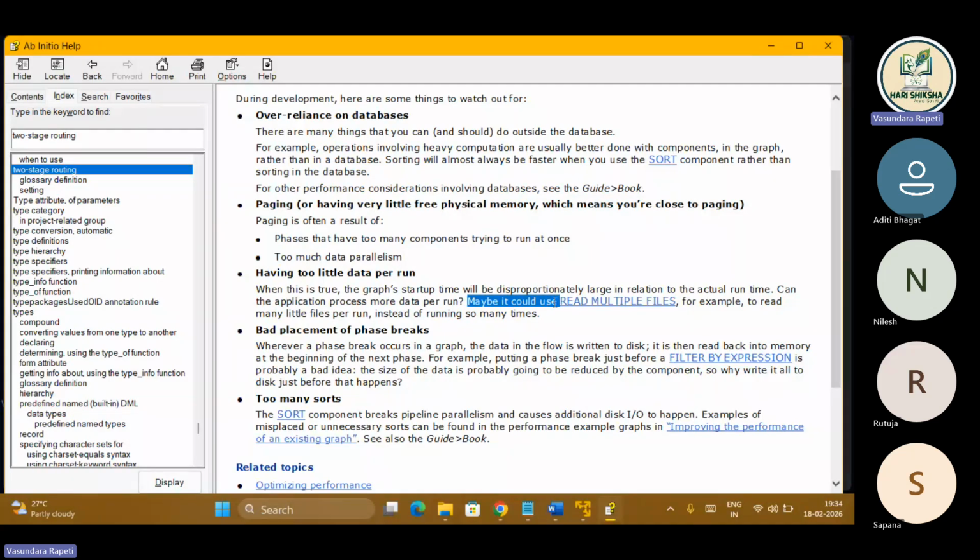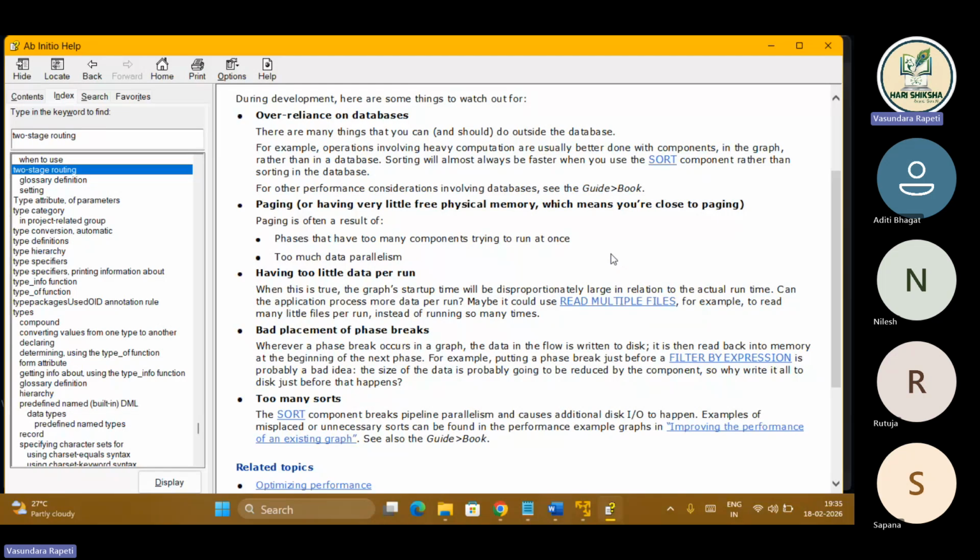It could be, for example, reading many little files per run instead of running so many times. Suppose you have 60 small files, and a graph in which a reformat and some more transformation components are used before sending to output. If you run that same graph 50 times in parallel, that is not good and will not give you performance.